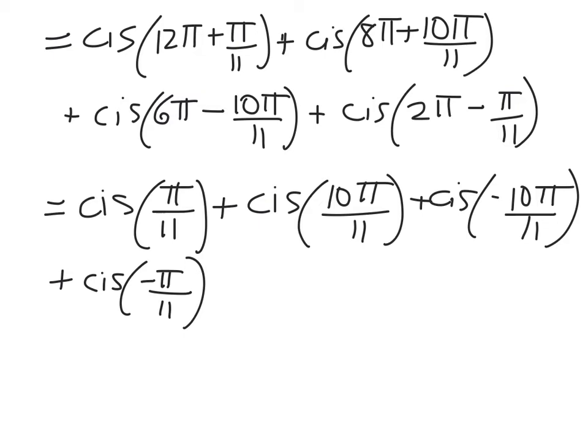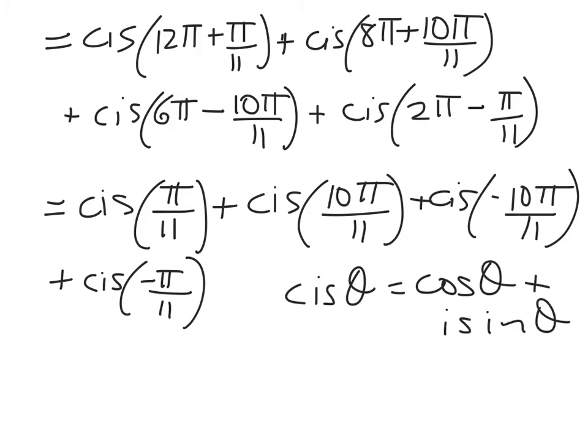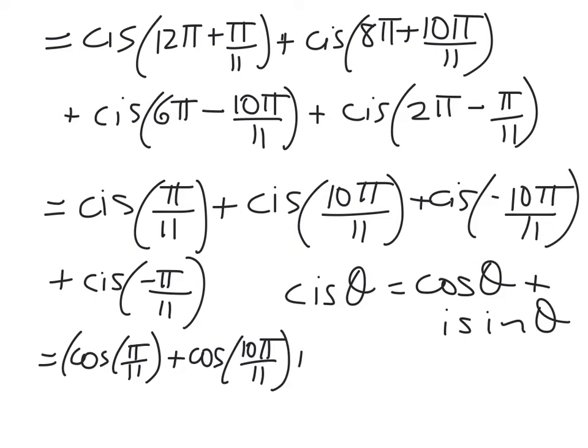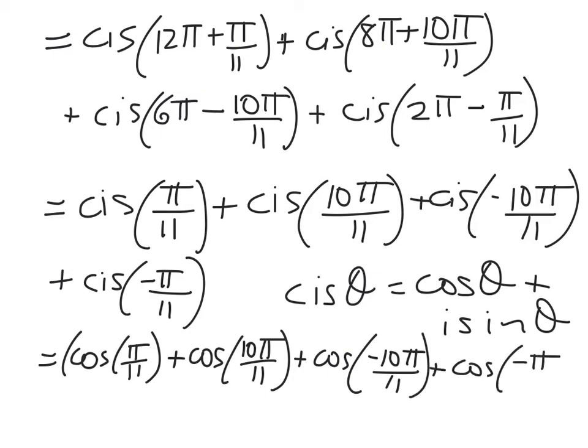Now I'm going to split out the real and complex bits, remembering that cis of theta is cos theta plus i sine theta. So first we're going to have cos of pi on 11 plus cos of 10 pi on 11 plus cos of negative 10 pi on 11 plus cos of negative pi on 11.